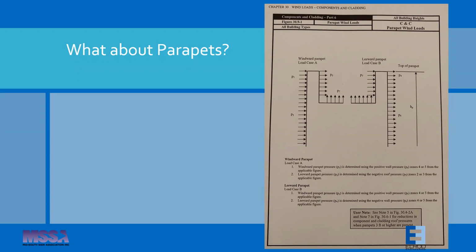So these were all done by the engineer in their wind load studies when they do their analysis, or it should be done. But sometimes you can see some surprising results. We've seen if a sign is down lower on a building and then they have an identical sign higher up above a parapet or at a parapet, you can have significantly higher wind loads. And so just a different design for an identical sign, just in a different location of the building.